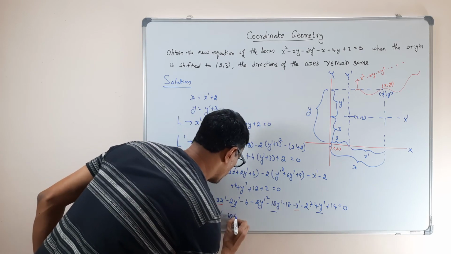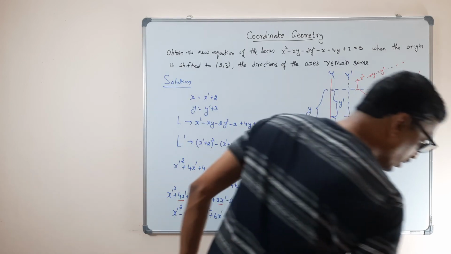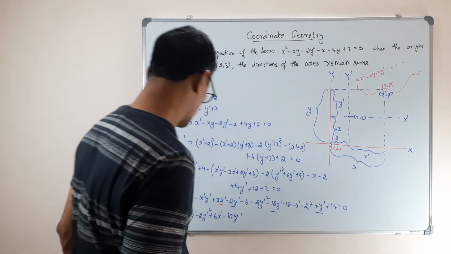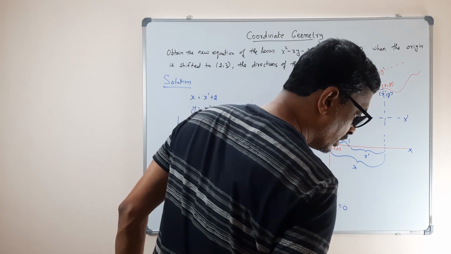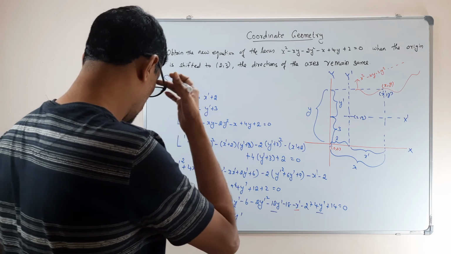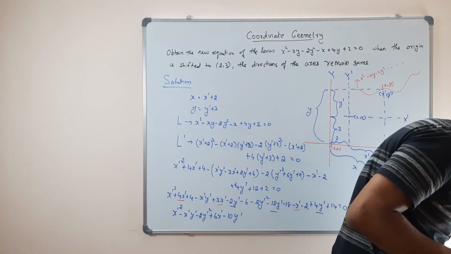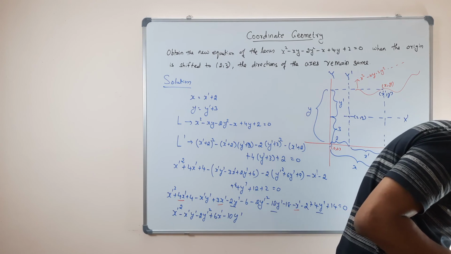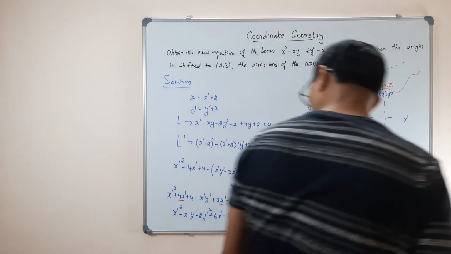Minus 10y prime, you have to be careful. This can be wrong also. Minus 8. He is not having any x prime here at all. I guess in the book they have made a mistake, or the x prime is getting cancelled.